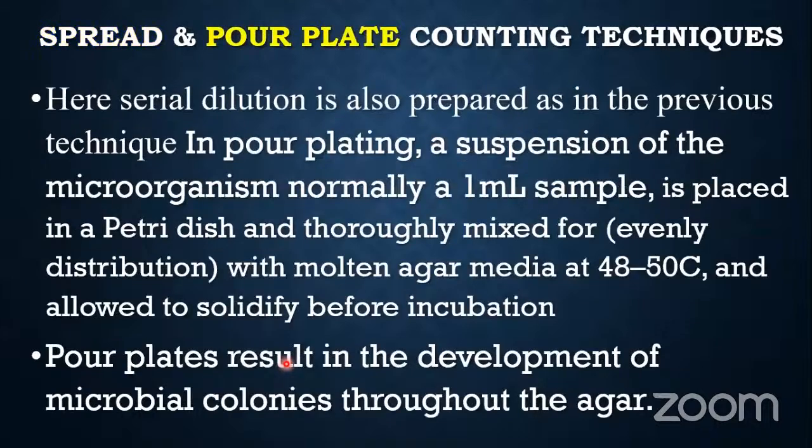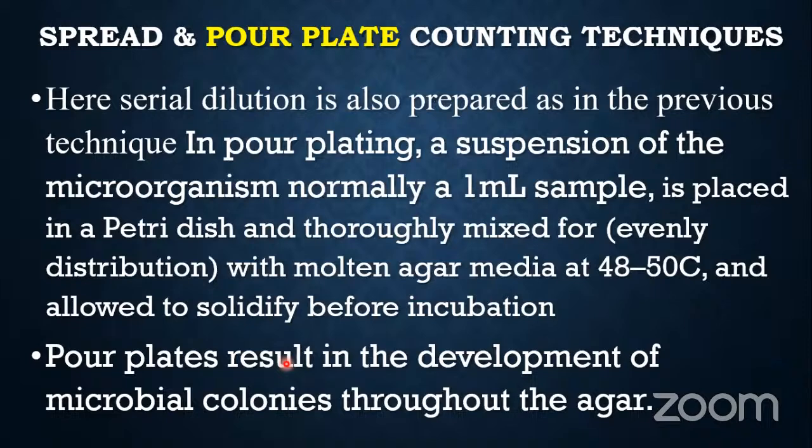For the pour plate method, it simply follows the same procedure of dilution and taking the last diluting concentration. But in this method, the volume, like 1 ml, just like the previous method, is now introduced into a molten agar and allowed to distribute evenly.